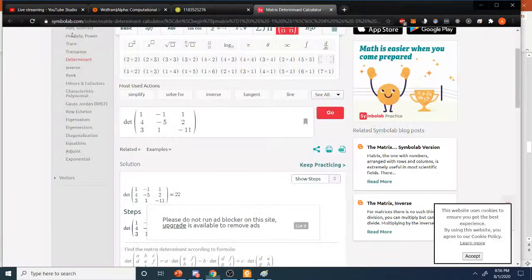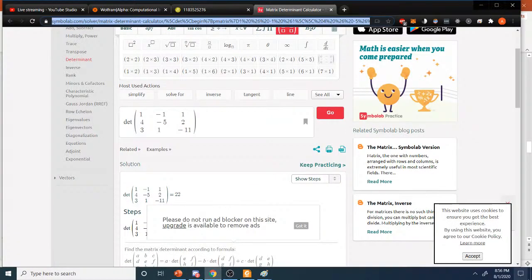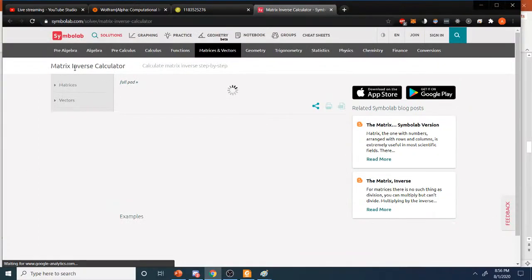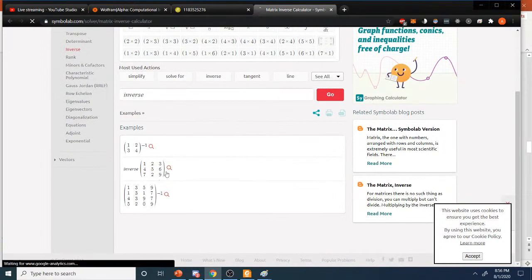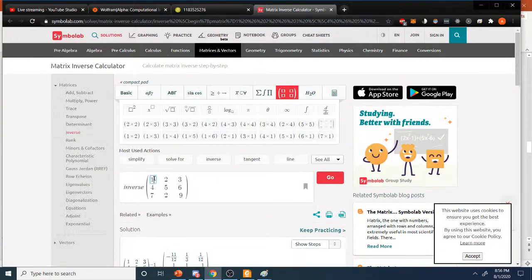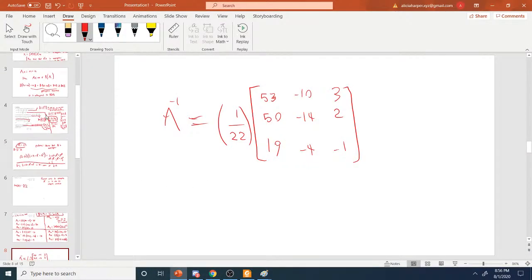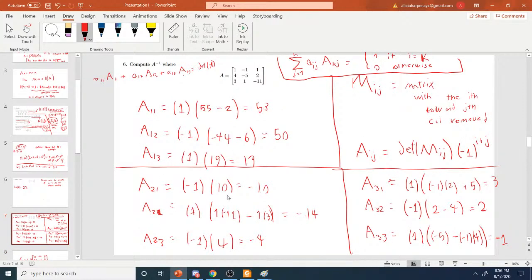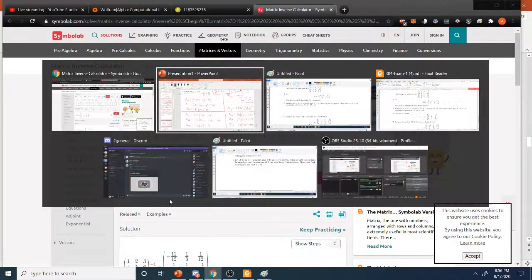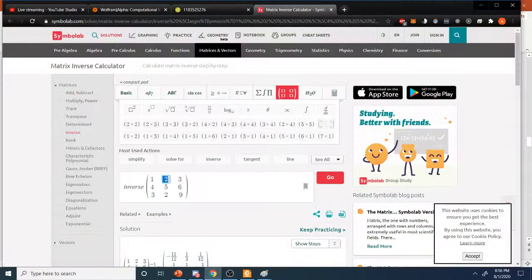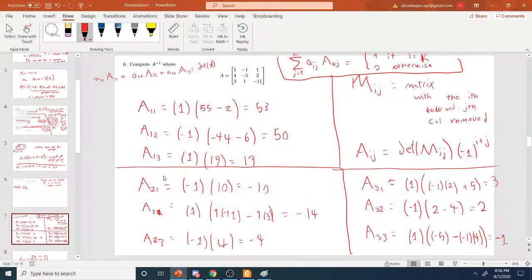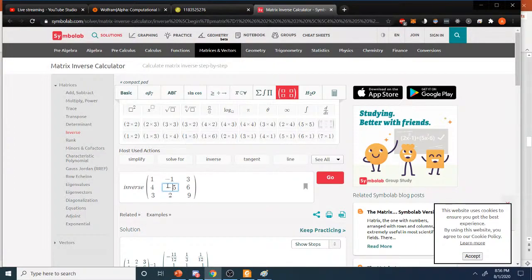And to sanity check myself, I'm going to try to see if we actually computed the right thing. So let's compare this with what Wolfram Alpha would give us. So 1, 4, 3. Or this is not Wolfram Alpha, but whatever. -1, -5, and 1. And then 1, 2, -11.